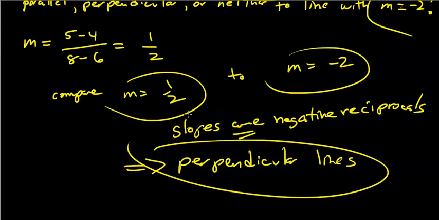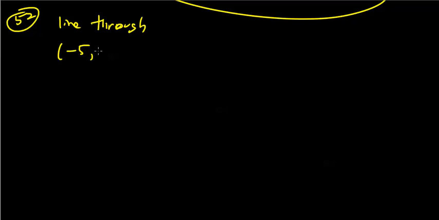Let's try another one from this homework list. This is number 52. We are asked to compare the line through (minus 5, 4) and (5, 4).